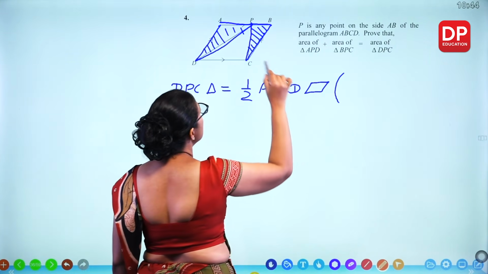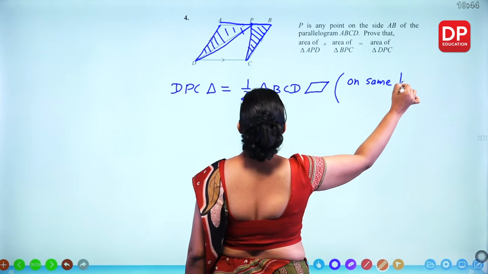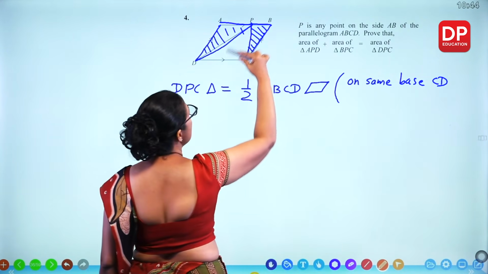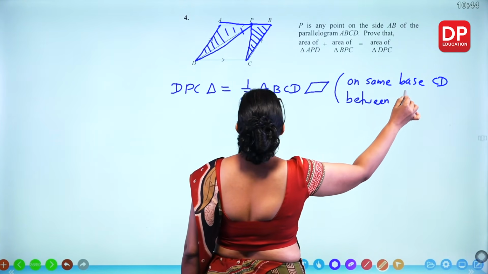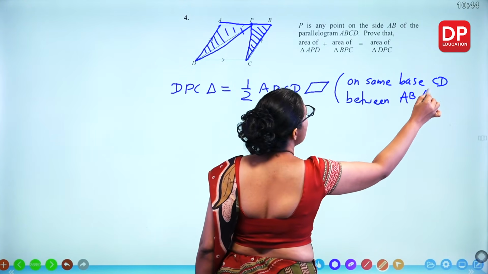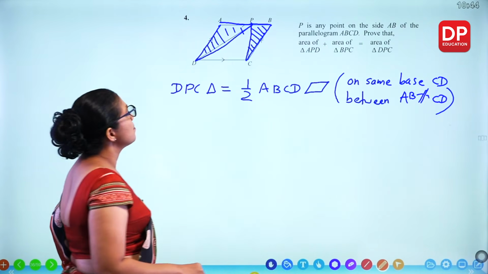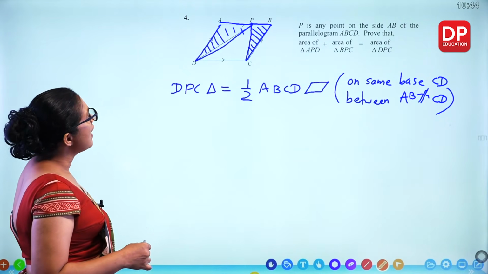Reason is on same base CD and in between AB and CD parallel lines. That's half of ABCD.